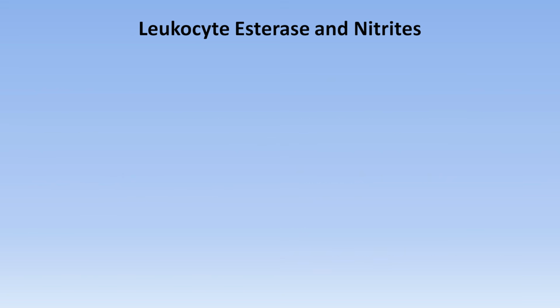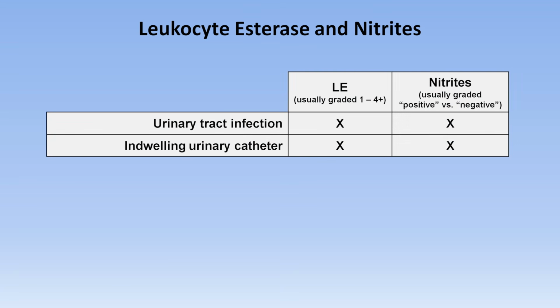When comparing leukocyte esterase to nitrites for diagnostic utility, keep in mind that the former is only a marker of inflammation, while the latter is more specific for actual bacteria. So, for example, both can be seen with UTIs and with indwelling urinary catheters, even in the absence of pathologic infection.